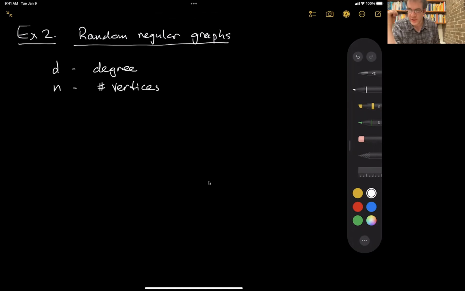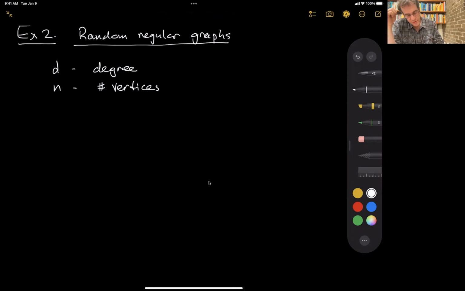So now the adjacency matrix is going to be n by n, not d by d. Typically, when one studies random regular graphs, you fix the degree. Let's say I take random 3-regular graphs, where every vertex has 3 neighbors. I pick them randomly among all 3-regular graphs on n vertices, and I let n go to infinity and see what happens. There's been a lot of literature studying these kinds of problems.